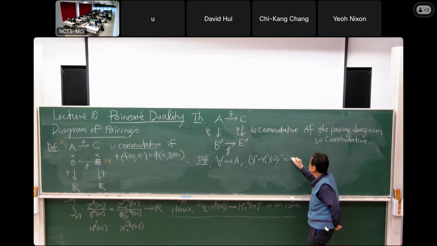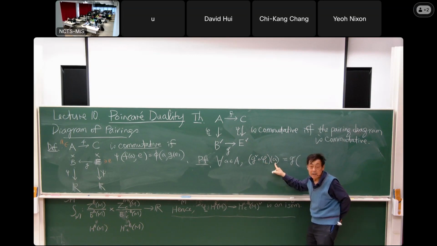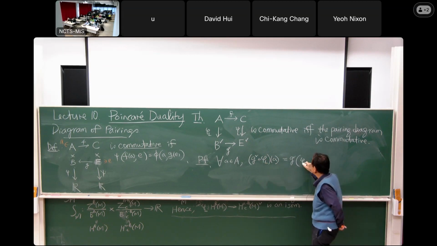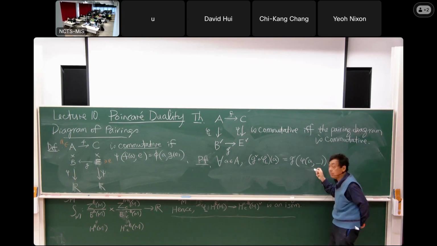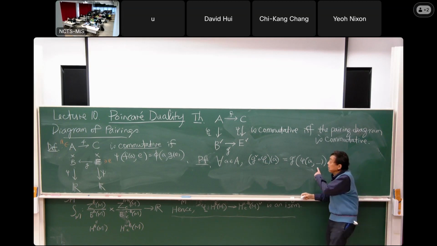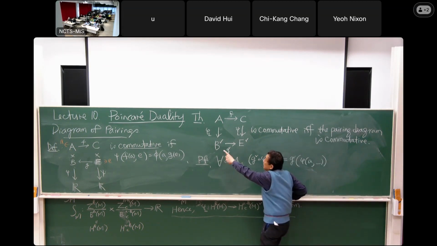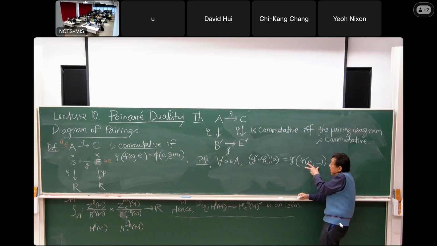And this is g dual of the left map of a, that is phi of a, and then apply to some argument. The argument is in B, so this is a linear map on B.